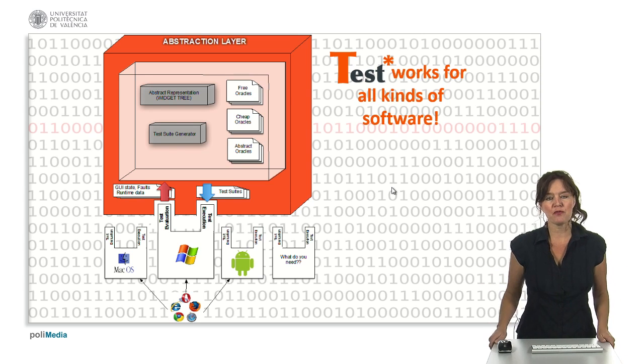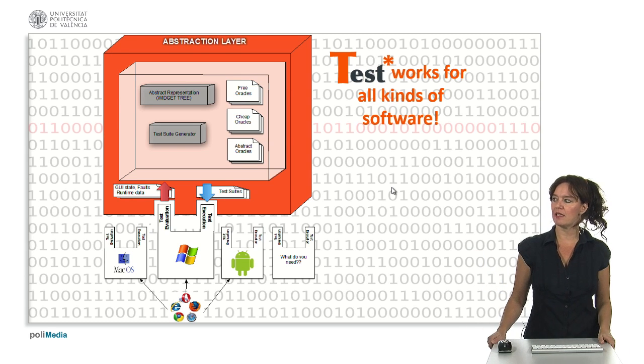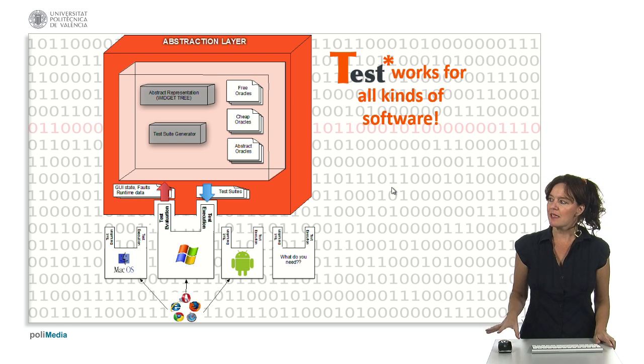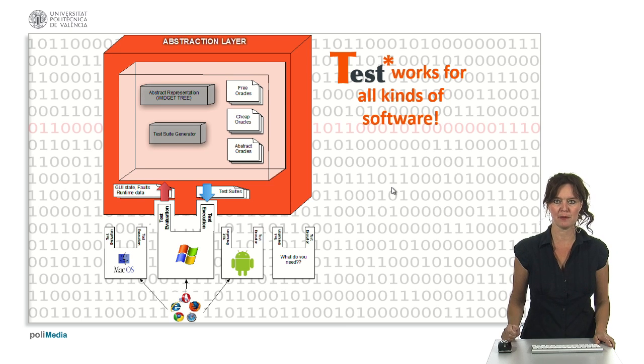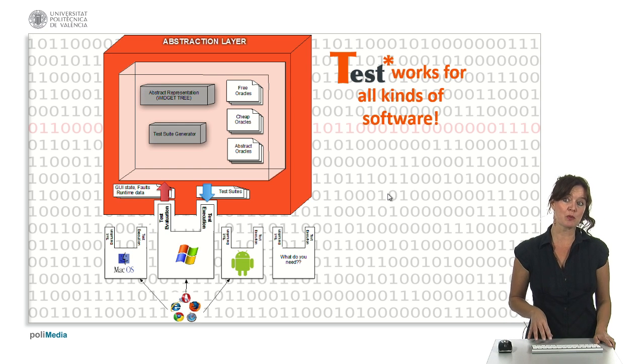So for what types of software does Testar work? Actually, it works for all kinds of software. We see here on the slide a very simplified architecture of Testar. Testar uses the accessibility API of an operating system to detect the widget trees. So we can write a plugin that translates the operating system specific accessibility API to the abstraction layer of Testar.